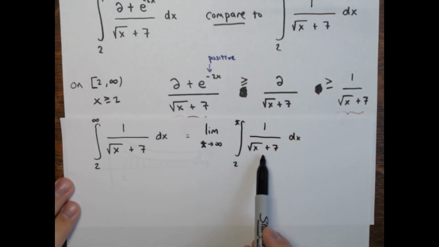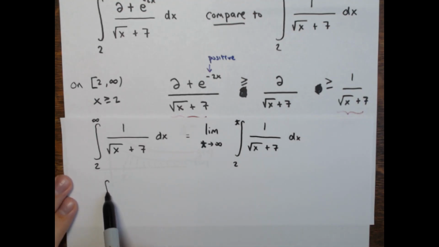Now for this integral, I'm going to do some substitutions, so I'm just going to take this off to the side and work with it without the limits for right now.